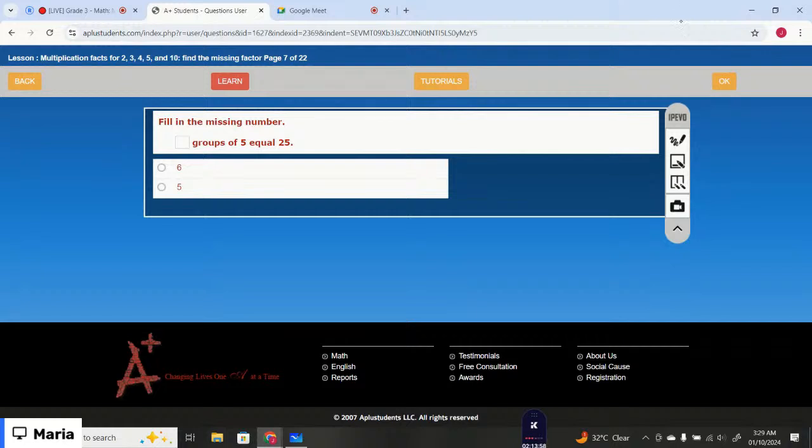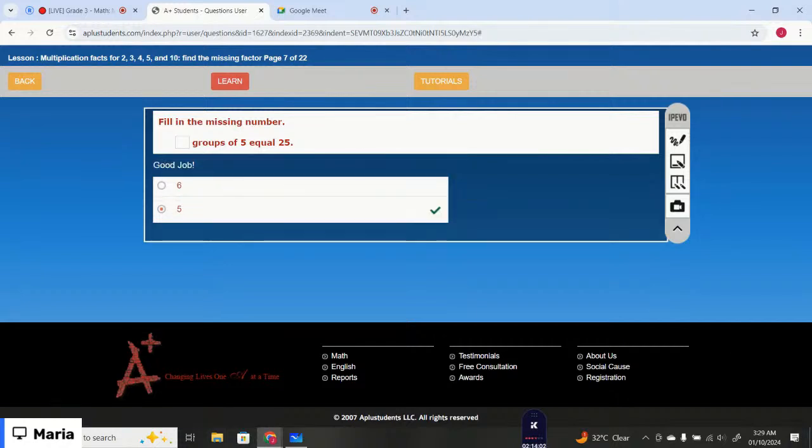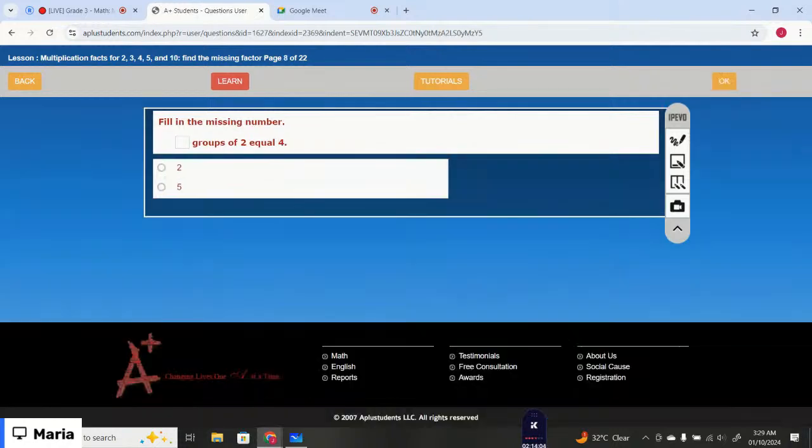That is 5 times 5 is 25. Option number 2 is the correct option. Fill in the missing number. How many groups of 2 equals 4? Which is the correct option?